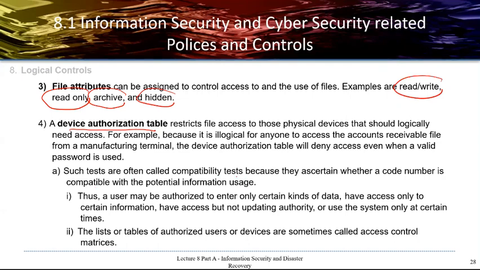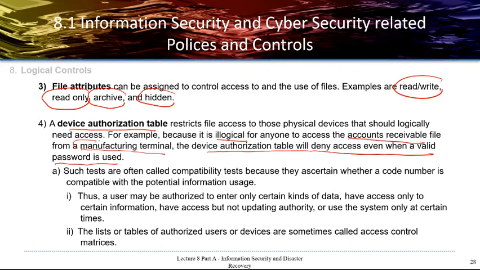For example, to prevent anyone from accessing the accounts receivable file from a manufacturing terminal, the device authorization table will deny access even when a valid password is used. So not everyone can access the accounts receivable file from a manufacturing terminal.